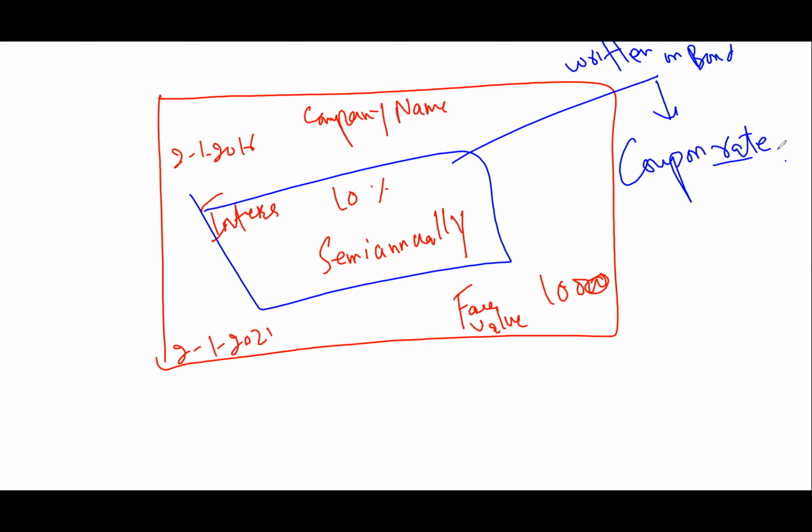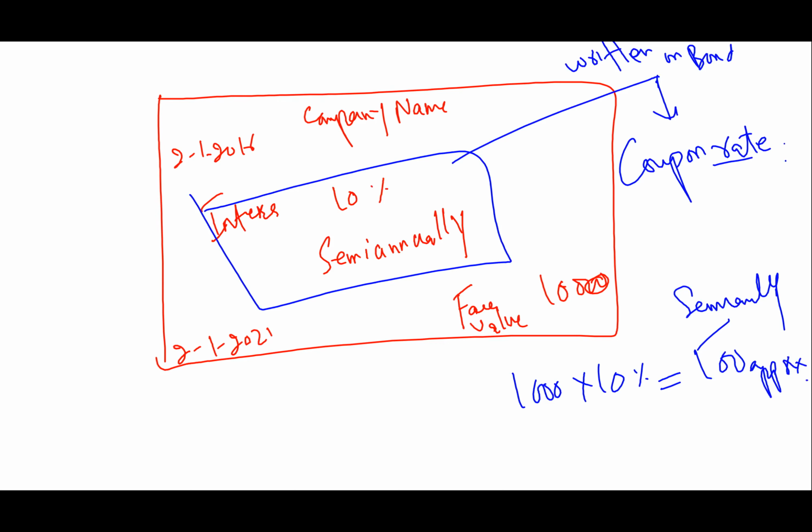So it means the company has contracted with you, or is in agreement with you, that it would pay you 10% semi-annually, and that's it. And there is another rate which is called the market rate.